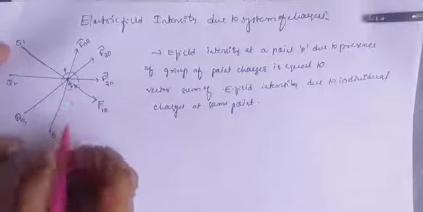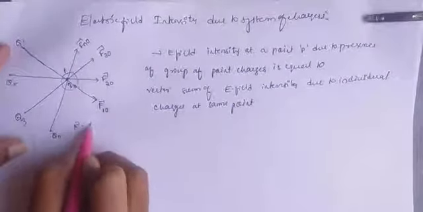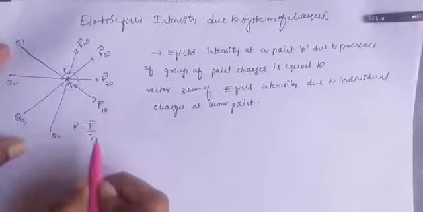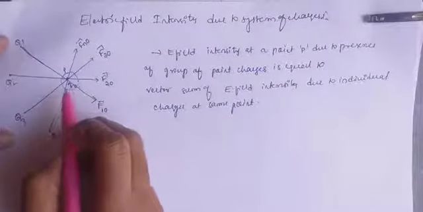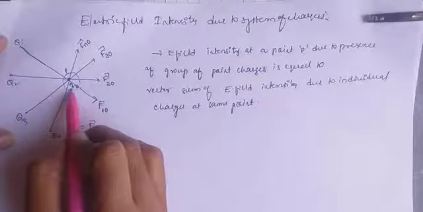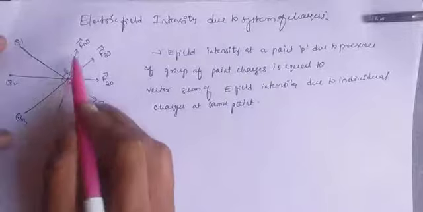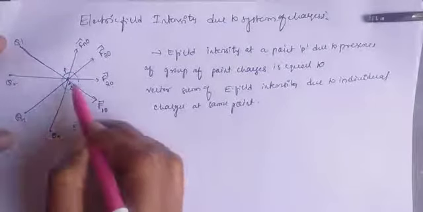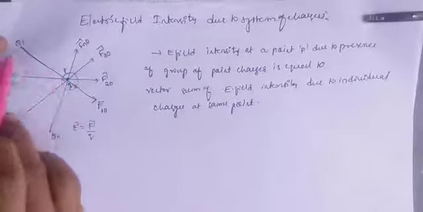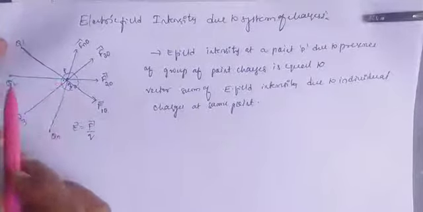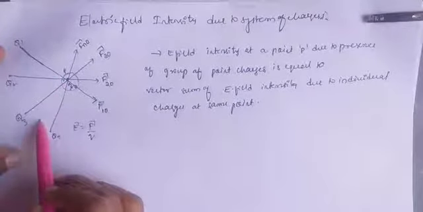Already we know that electric field is equal to force by charge. So to get the electric field intensity we have to sum up all the individual electric field intensities: due to q1, due to q2, due to q3.